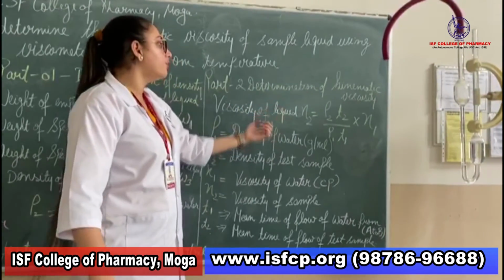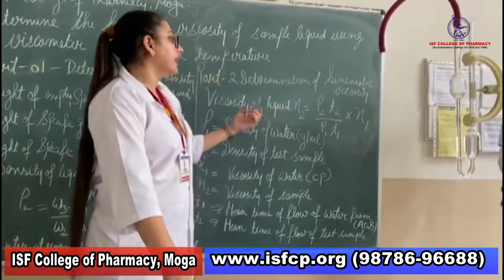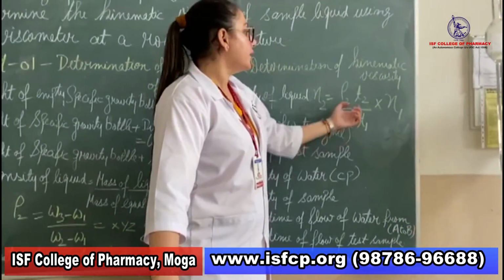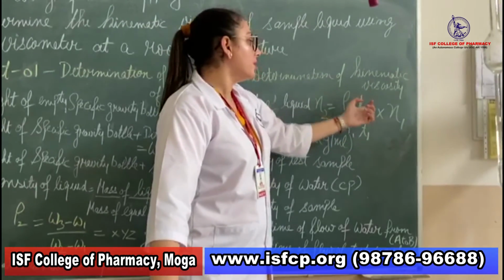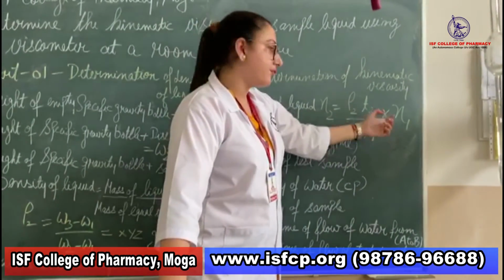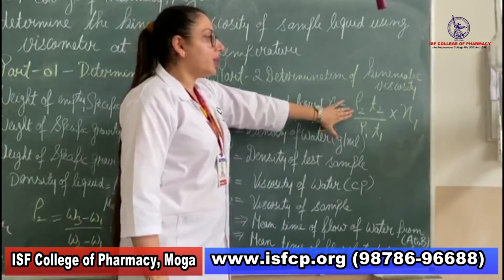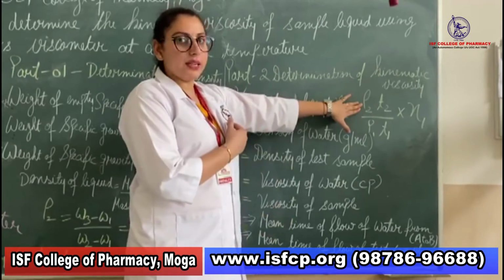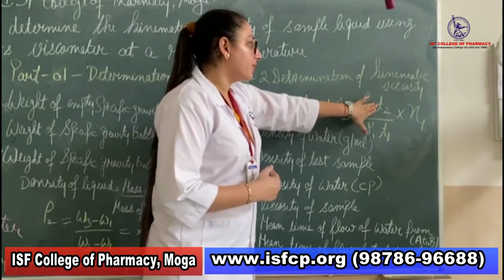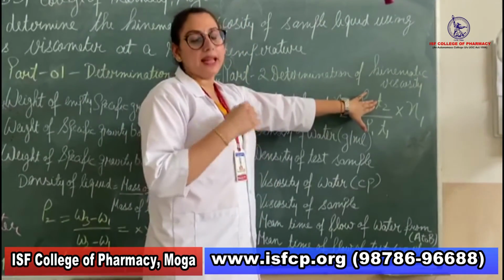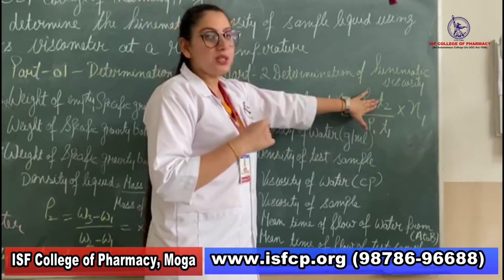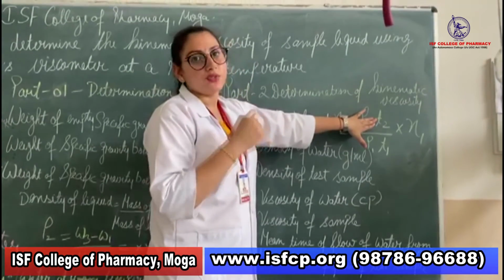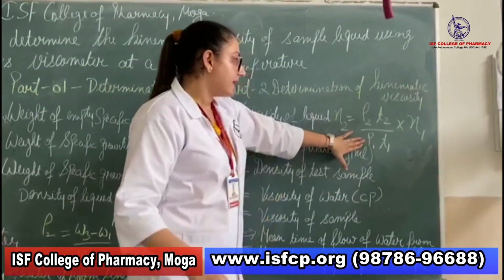The formula for calculating viscosity is rho 2 upon rho 1 into T2 upon T1 into eta 1. Here rho 2 is the density of our unknown sample, which we have calculated in the previous step, along with T2, the time taken by the unknown sample for flowing from point A to B in the Ostwald viscometer, in seconds.